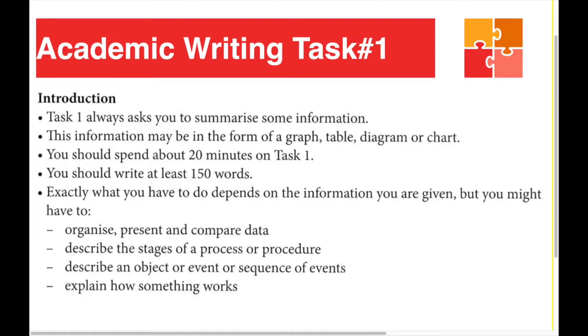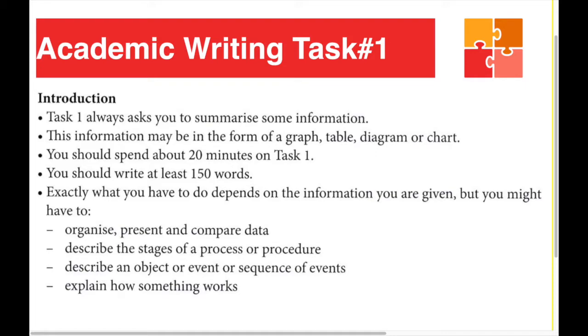What you do in this task is go through different functions or features of language. You organize, present, and compare the data that are given there. You may also have to describe the stages of a process or procedure, and describe an object, event or sequence of events.